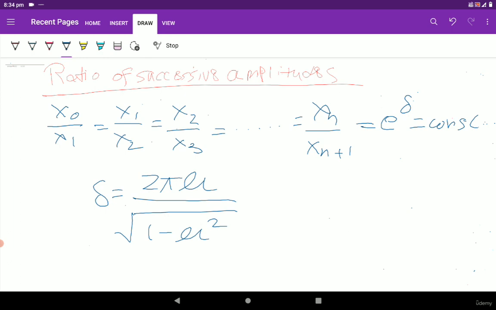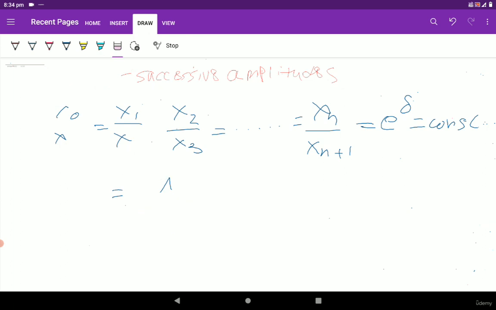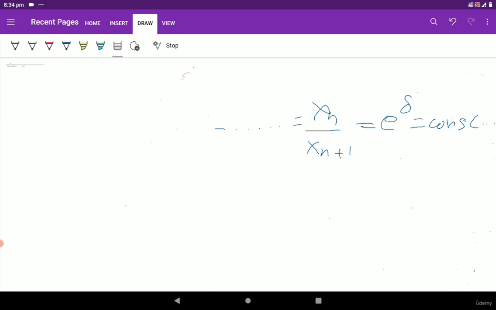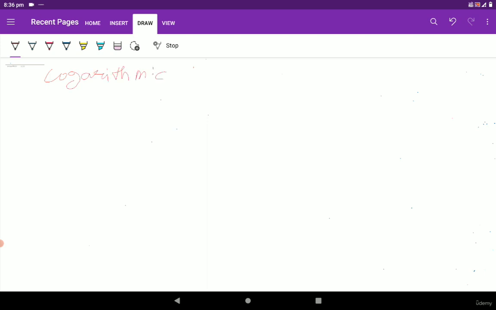Now let's find out what the logarithmic decrement is.